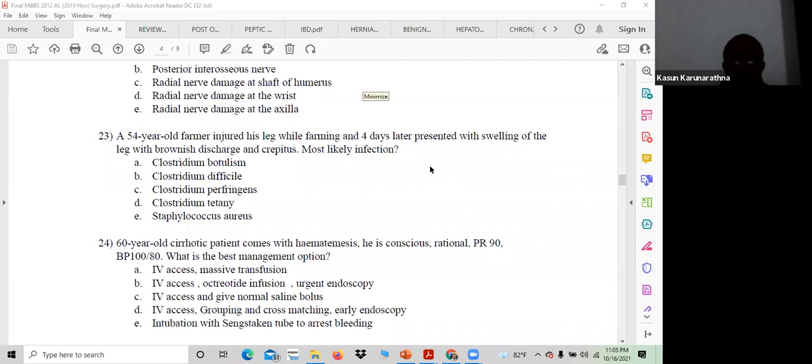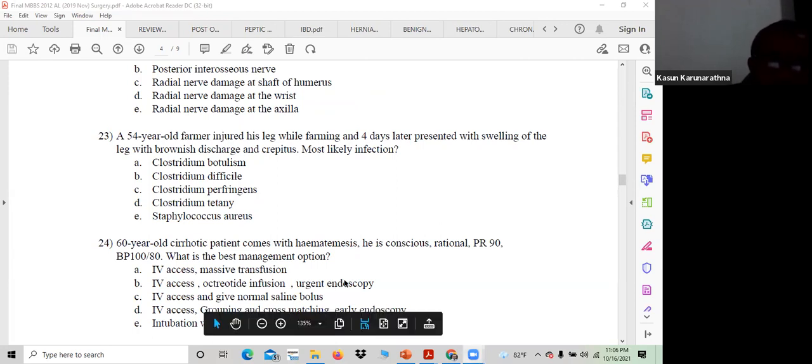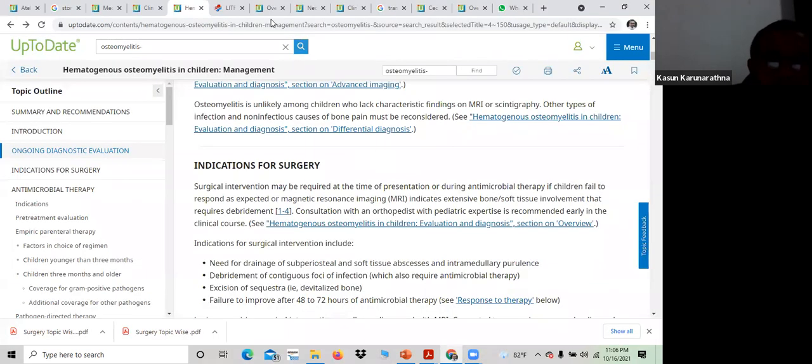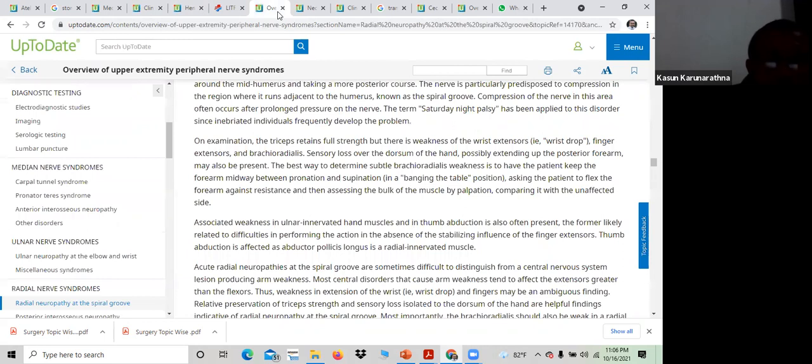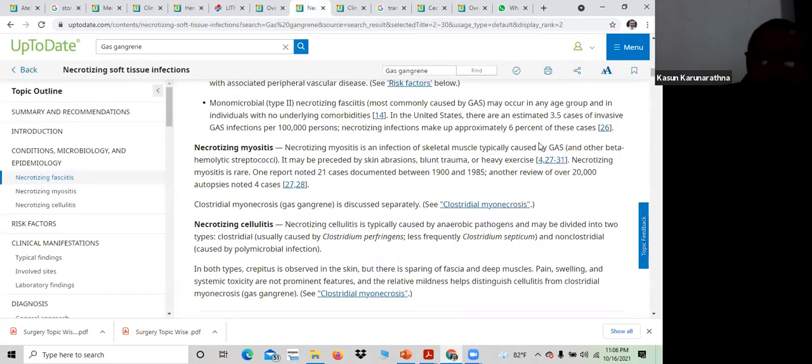What are the types of necrotizing soft tissue infection, you know? Necrotizing fasciitis, Fournier's gangrene, necrotizing infections of the lower limb, and what else? Here is the article in UpToDate.